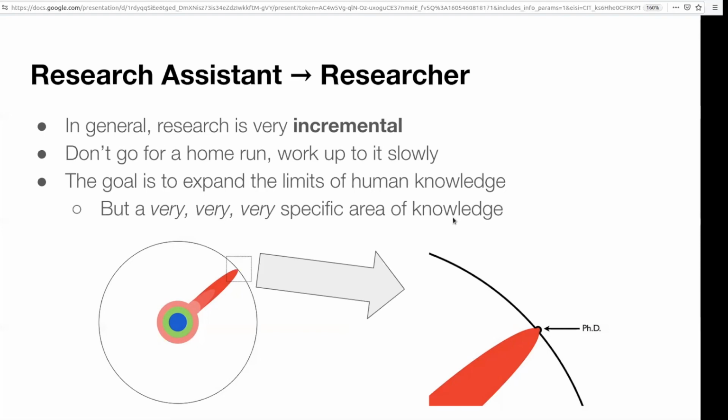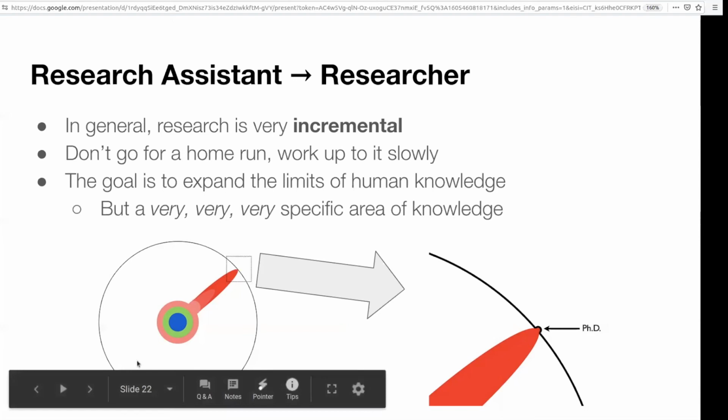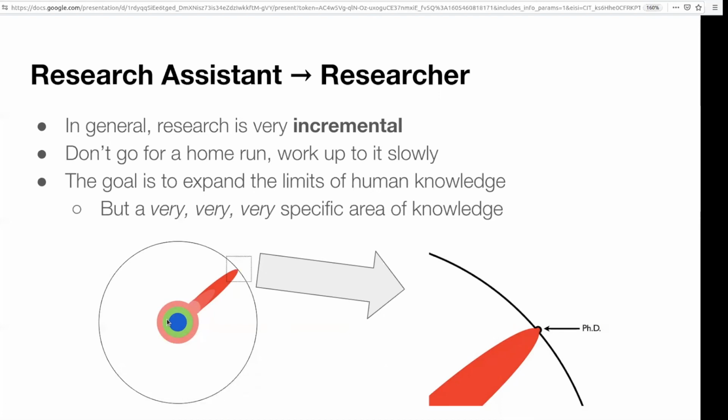So this picture right here, I think, is a good motivating example. I'll explain what these circles mean. This huge circle is all of human knowledge ever. This blue circle here is the stuff you learn in middle school. And it's a perfect circle because you don't really focus on one discipline super hard.